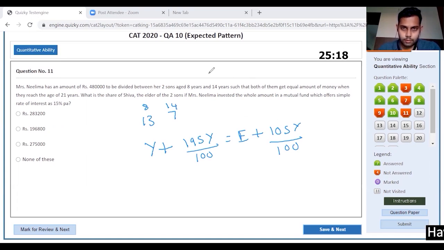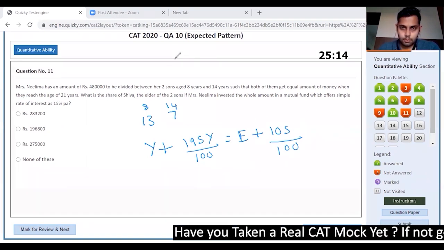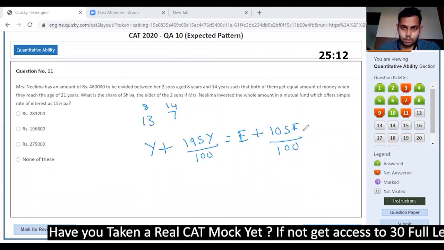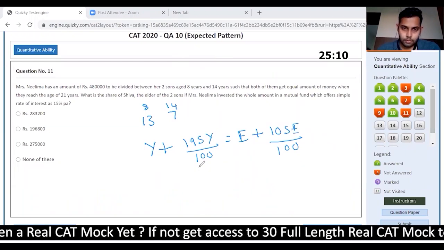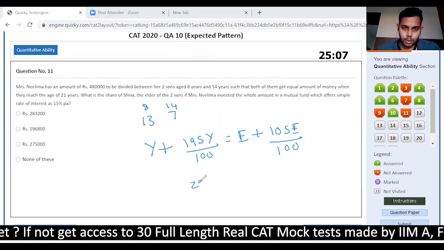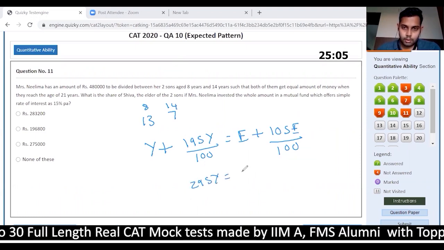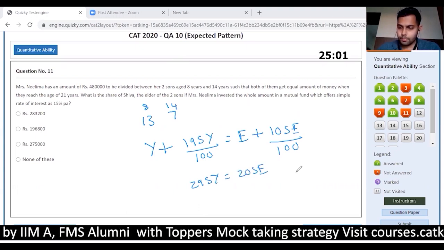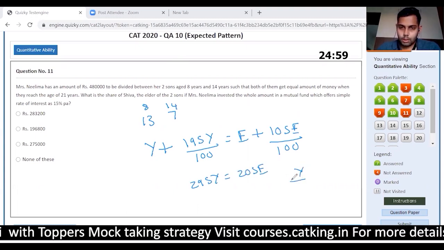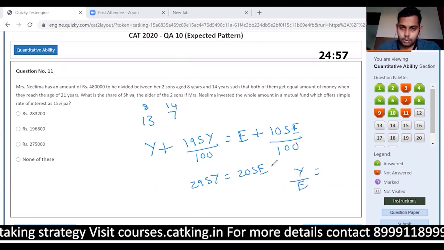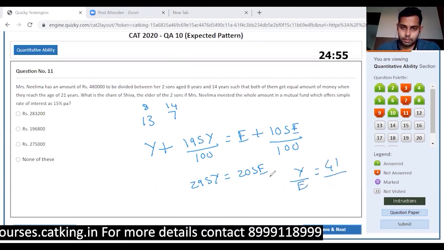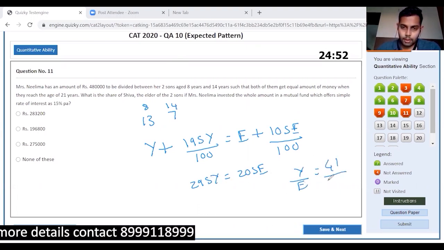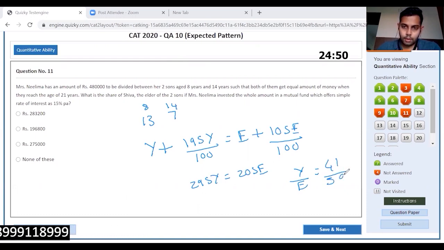Just a second. Yeah. So it'll simply be 295y is 205 times E, right? So younger to elder ratio is 5, 4, 1s are 5, 5s are 25 and 9, 59, right?